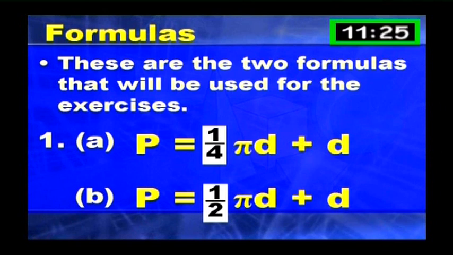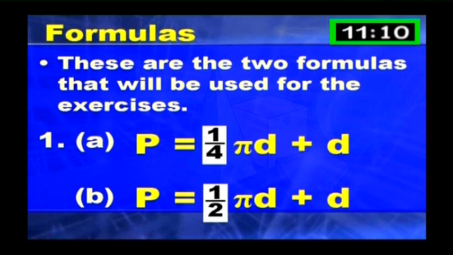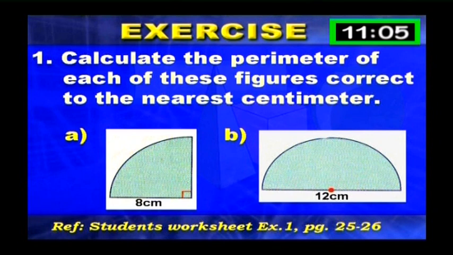So I encourage you to look at that diagram very carefully and try to figure out which shapes are contained in that diagram, and calculate it using the appropriate formulas that are required. You may start now. You can discuss within your own groups.